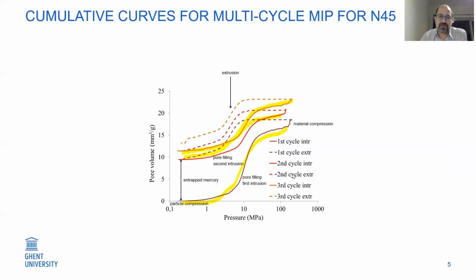Each cycle was made up to 200 megapascals to avoid any significant damage to the material, and by analyzing the second and third cycles of intrusion, which demonstrated completely parallel curves, we derived that this damage was not produced.